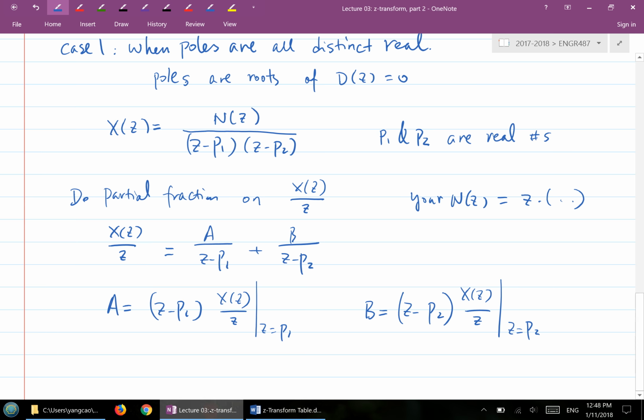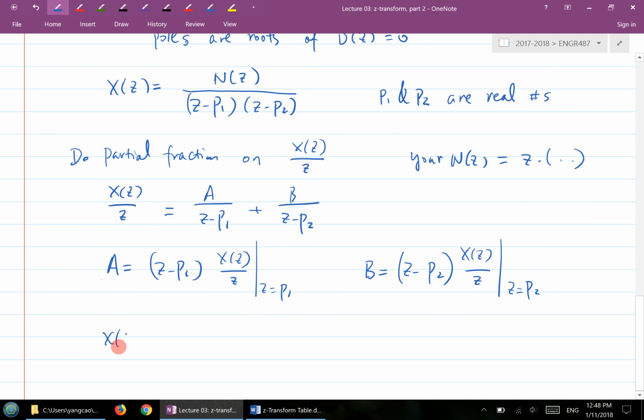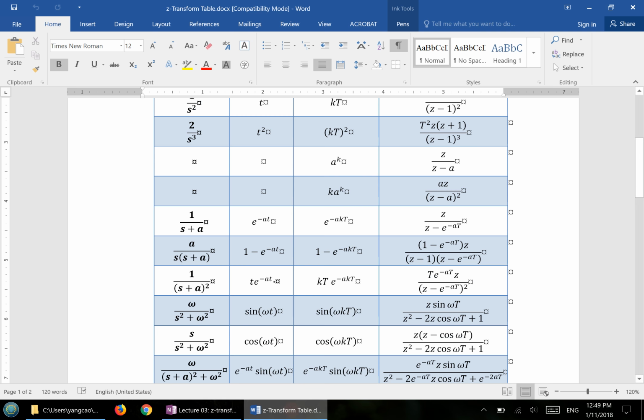Now back to this partial fraction expansion. I find my A and B, then I multiply the z back to the right side. So I get A times z over z minus p1 and B times z over z minus p2. Now I have this, and this is exactly what is available inside the table here.